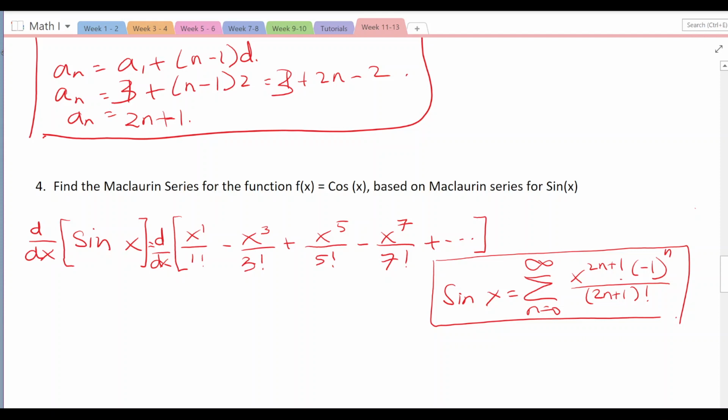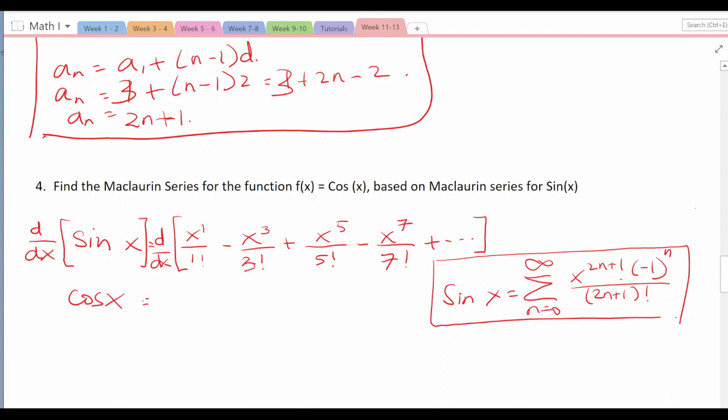So we know that the derivative of sin x is simply cos x, and this is already the Maclaurin series, by the way. We have done the steps. All of this is already the Maclaurin series for sin x, and therefore if we take the derivative, we get cos x, and therefore we get the Maclaurin series expansion of cos x.